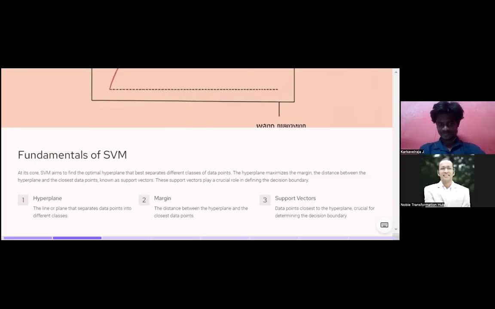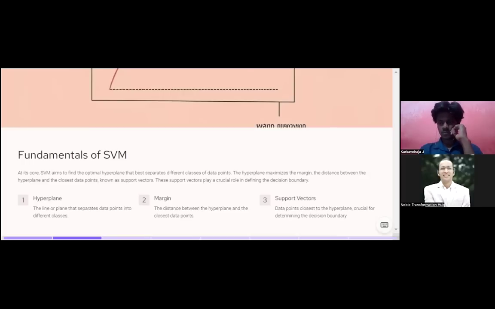So what is a hyperplane? The line or plane that separates data points into different classes. That is what I said earlier. There are different classes, it's not one linear thing, but it separates data points into different classes, and that is the main nature of SVM.